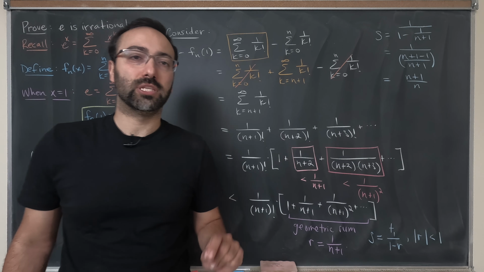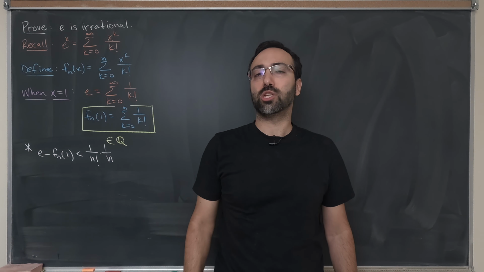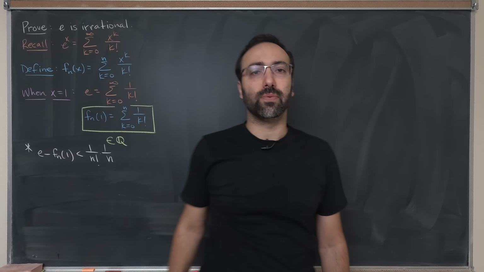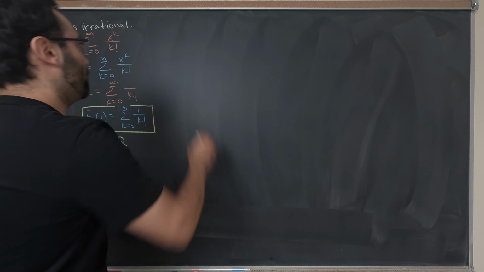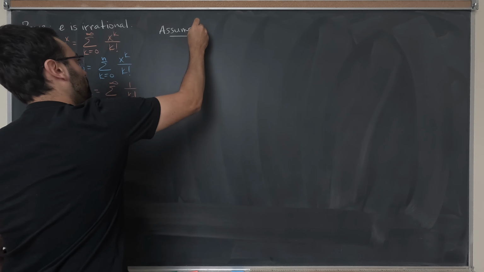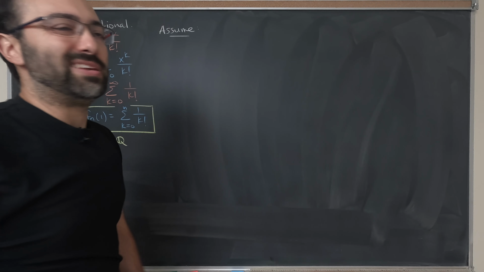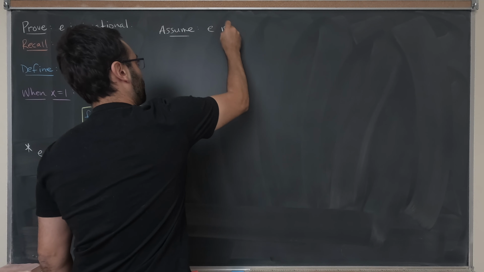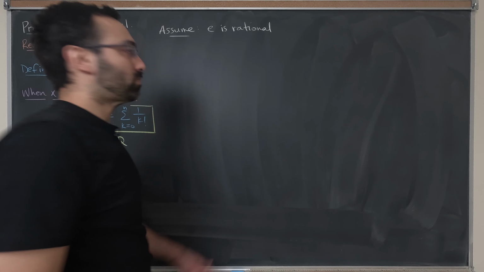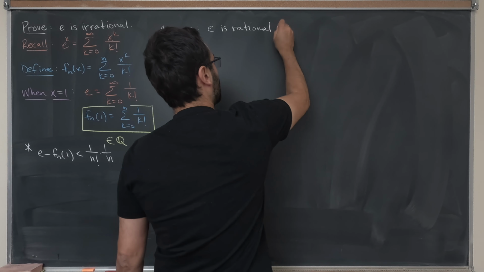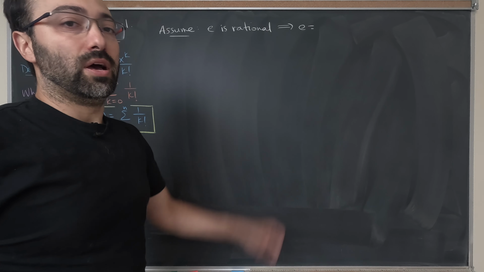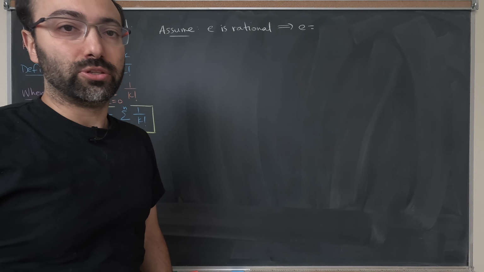So we're going to continue from here. Let's go to a new board and see what we'll do with this. Okay, so we're back. We have a list of our main summary points here, so let's continue. Let's at this point assume that the number e is rational. Well, what that implies is that e can be written as a fraction of two integers, a ratio of two integers.